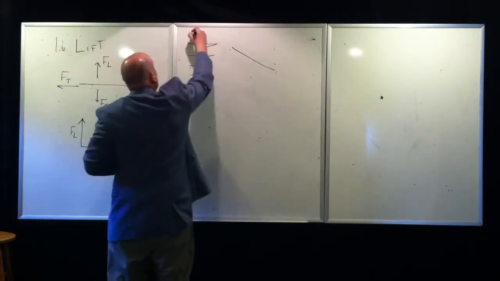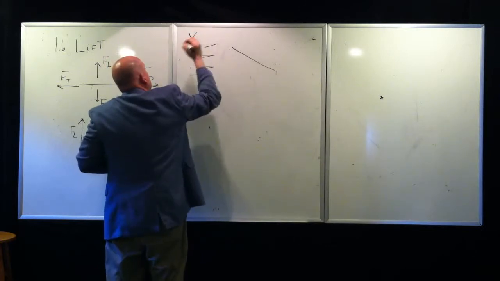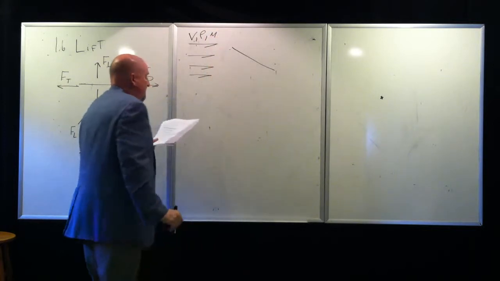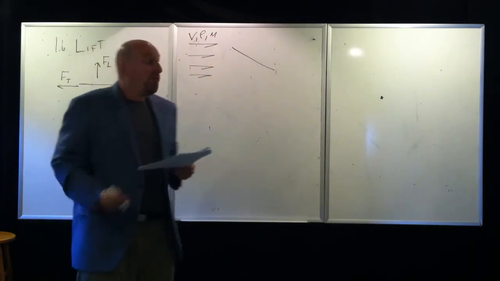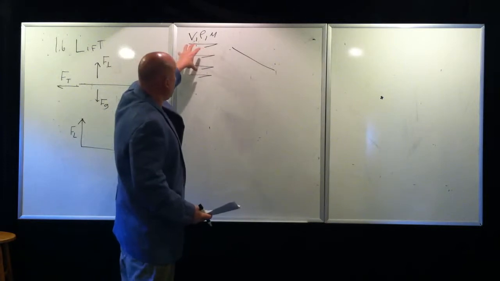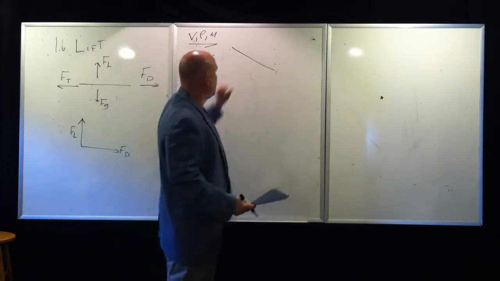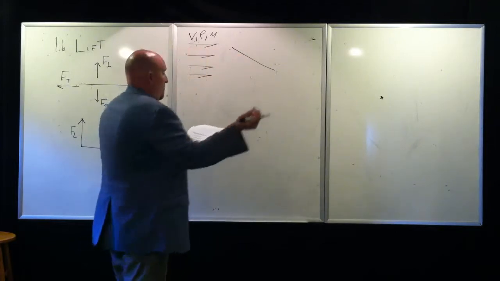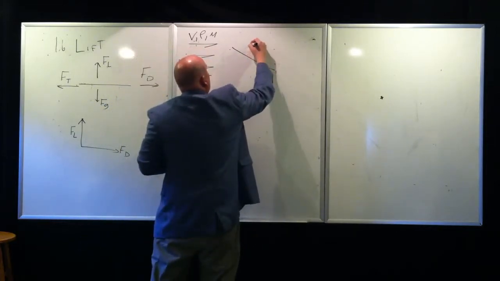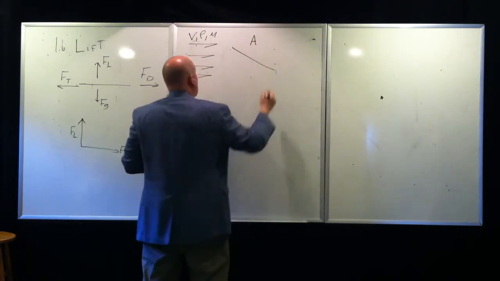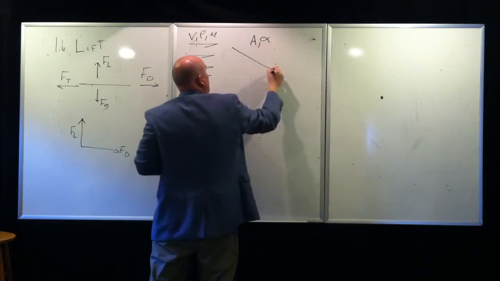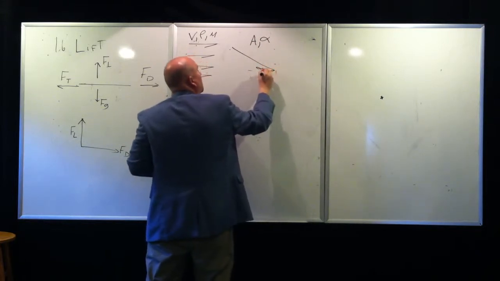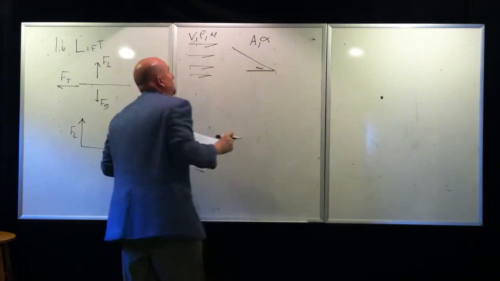So we know from our previous lectures, air has a velocity, a density, and a viscosity. For what we're going to be doing in class in our experimentation, air is going to be moving relative to the flat plate. But the flat plate could move relative to the air. The important parameter on our flat plate is going to be its area, and then also the angle at which it is tilted relative to the flow.